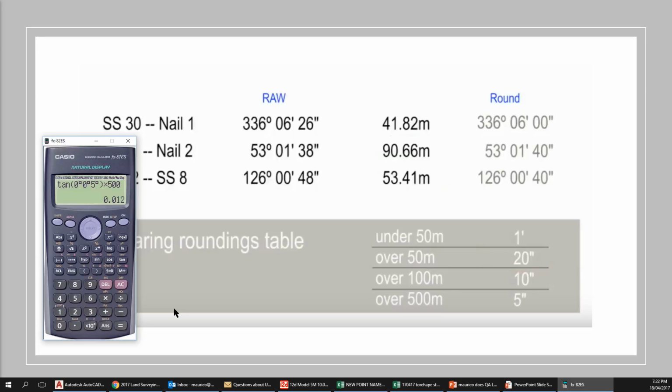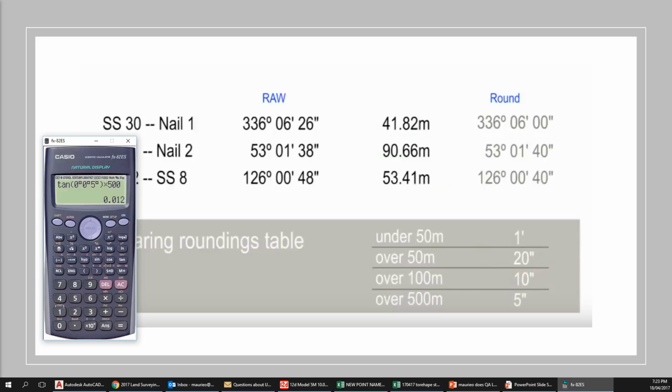So what we say is we try and keep the error around about the same, around about 10 mils or of that order, but 5 to 10 to 20 mils. If we round bearings to the nearest minute, up to 50 meters, that's not going to make too much difference.